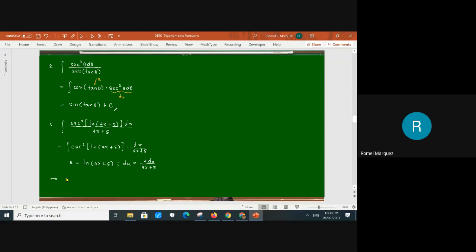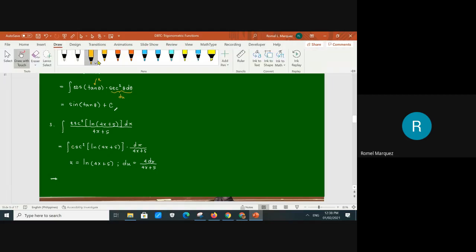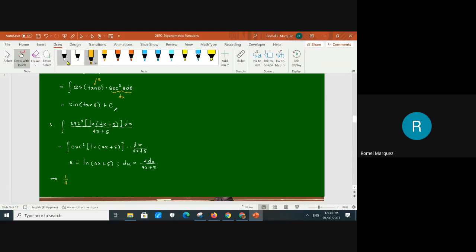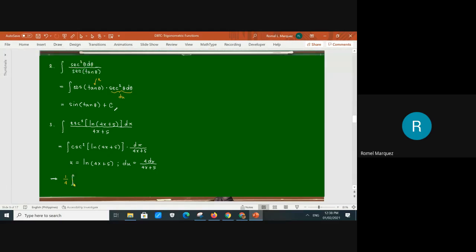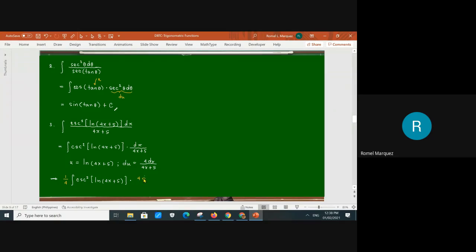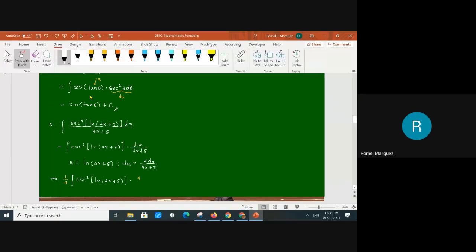Let's go directly. So our goal is to multiply by what? By 1/4 outside because we're going to multiply inside by 4, no? So cosecant squared of ln of 4x plus 5, then times, I'm going to multiply by what, guys? By 4, no? So I will supply 4, but originally that 4 is not present.